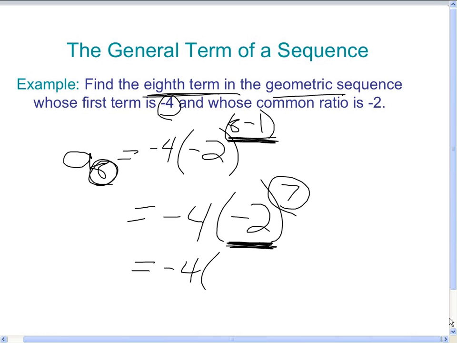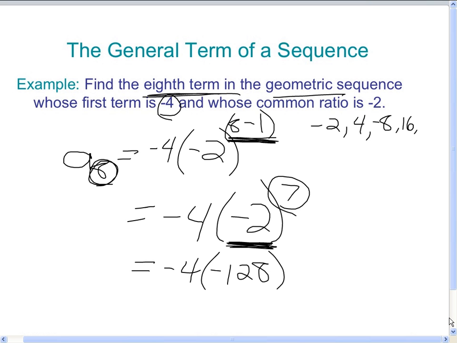And offhand, I have no idea what that is, so 128 it looks like. And since it's negative, remember, start out with negative 2 to the first, positive 4 squared, negative 8 to the third power, positive 16.